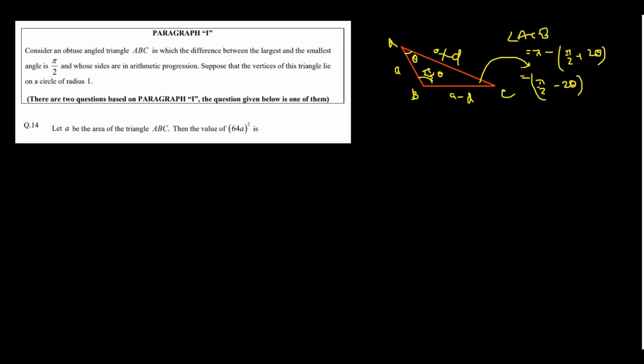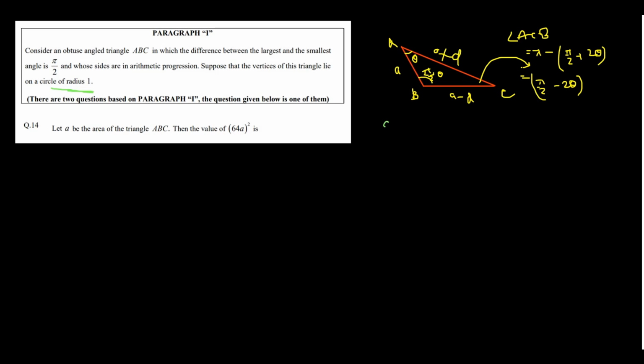Now clearly we know all the angles and all the sides of the triangle, so at first what hits our mind is the sine rule. We also know the circumradius of the triangle, because its vertices lie on the circle of radius 1 unit, that is, its circumradius capital R equals 1. So you can easily apply the sine rule in complete form.